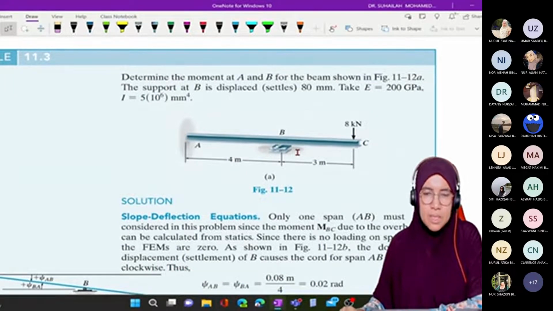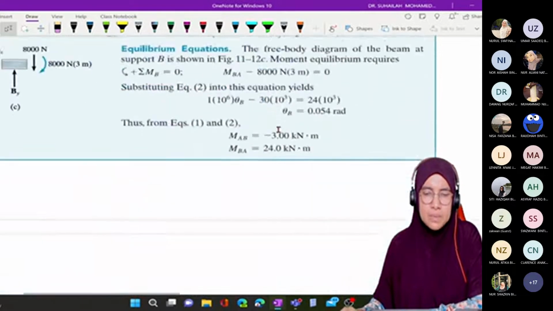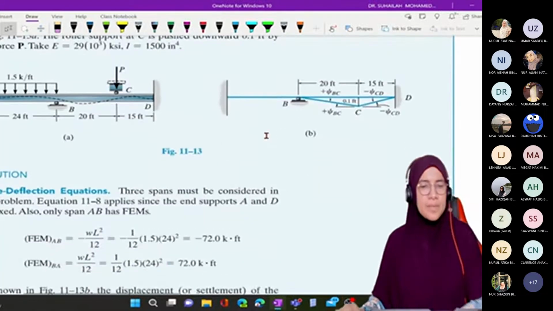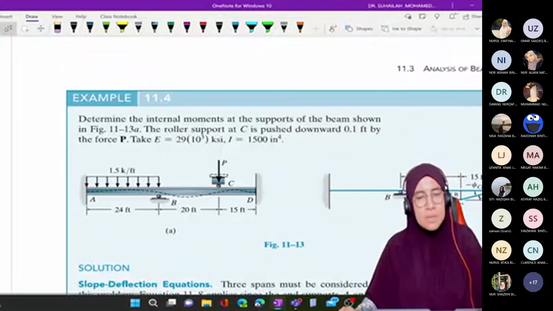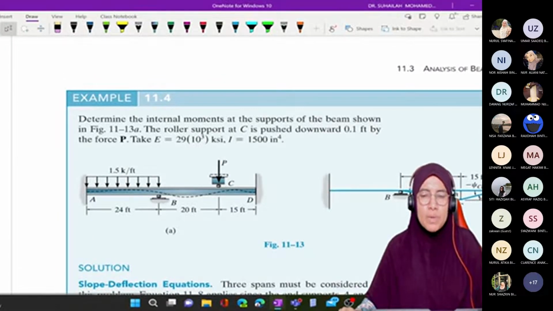This one is a settlement beam, with settlement at B but no loading. Never mind, doesn't matter. Look at another example. Push downward, internal moment. Determine internal moment at the support of the beam.